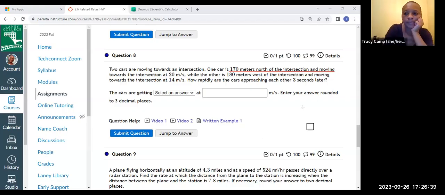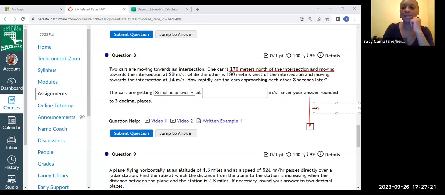So it's north of the intersection and it's moving towards it, right? So let's just refer to the distance of this car, the one that starts off north and moves towards the intersection, as B. It shouldn't be that hard for me to think of the letter, but it was because I'm tired.